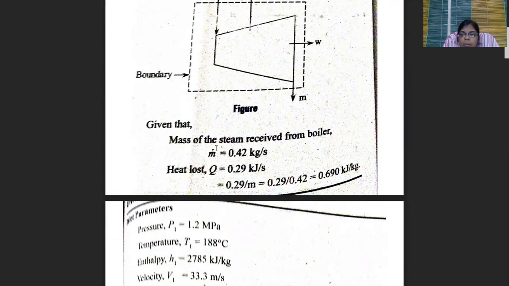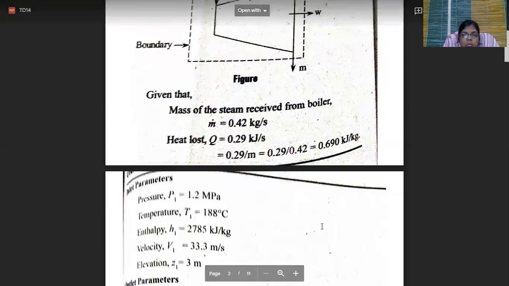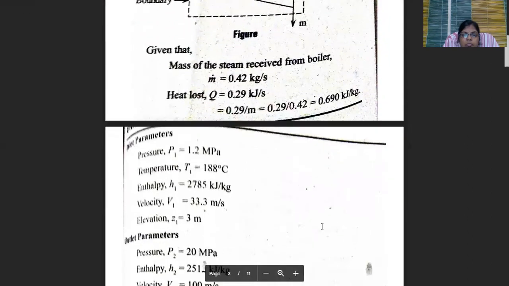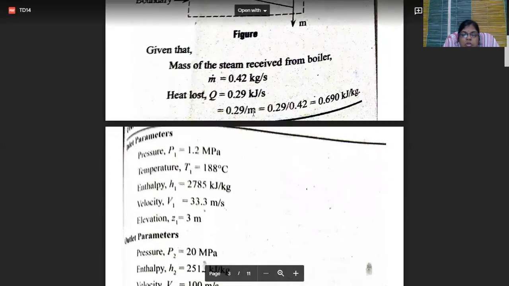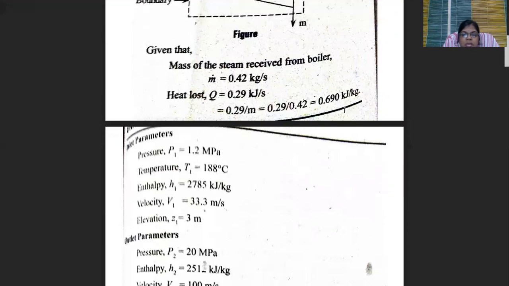So m dot is equal to 0.42 kg per second, and heat loss is 0.29 kilojoule per second. We divide them: 0.29 by 0.42 gives 0.690 kilojoule per kg, heat loss per unit mass.